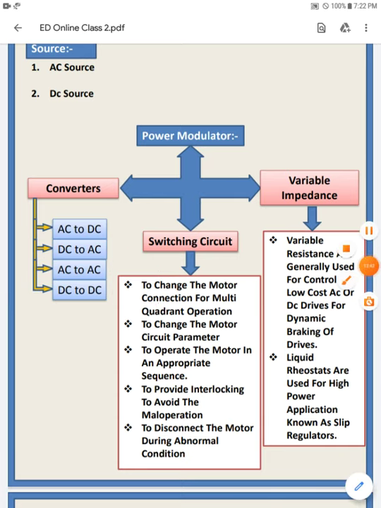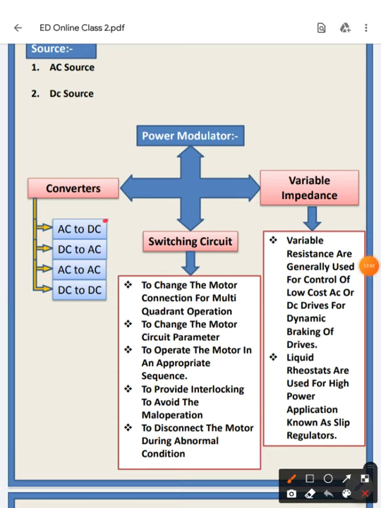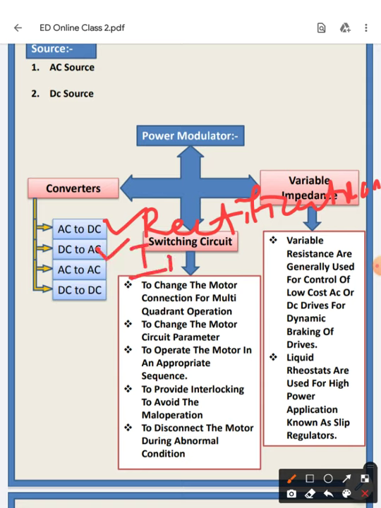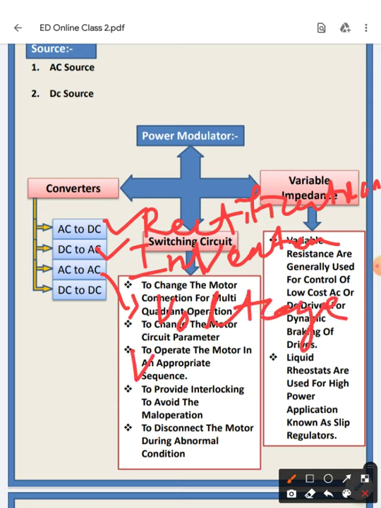Generally, this AC to DC conversion is called rectification. The second one is called inverter operation or inversion. The third one is called a voltage regulator.